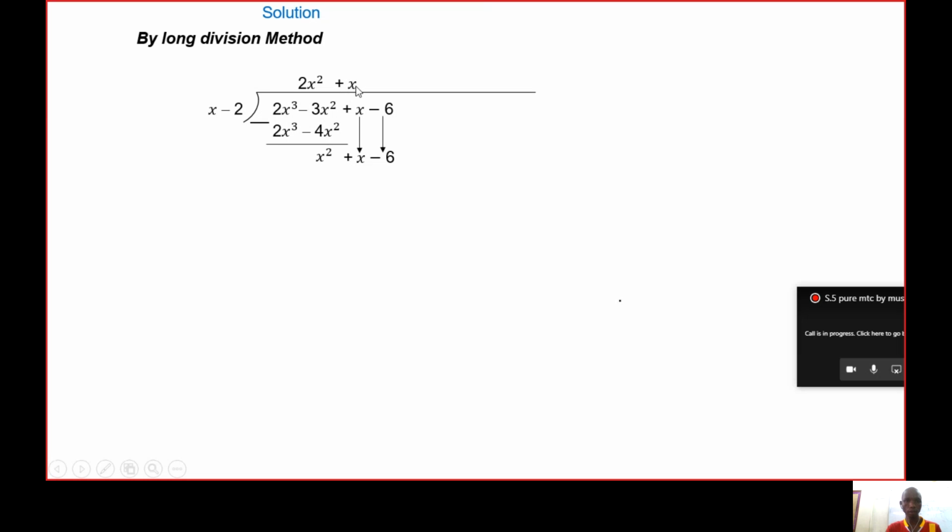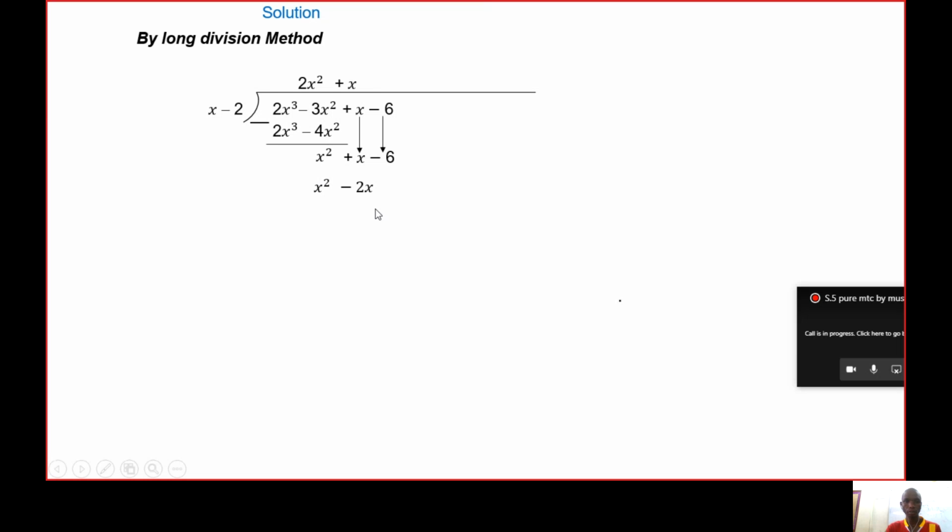So positive x times x, you get positive x squared. Positive x times negative 2, we get negative 2x. So I have used this positive x to multiply both of them, and I'm getting x squared minus 2x, like that.